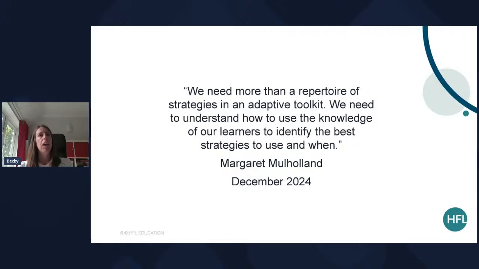She said, we need more than a repertoire of strategies and an adaptive toolkit, we need to understand how to use the knowledge of our learners to identify the best strategies to use and when. So how well do our teachers know the barriers to learning that the pupils in their class have? How well do they know those needs?